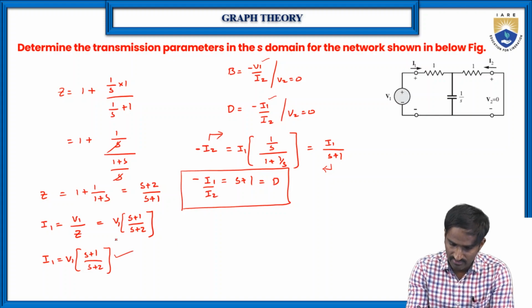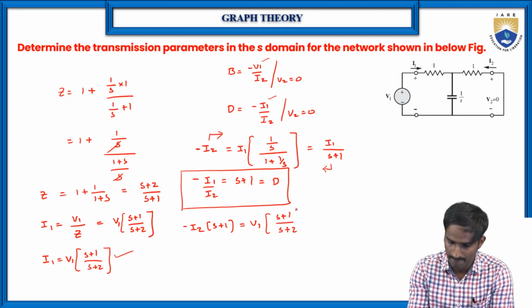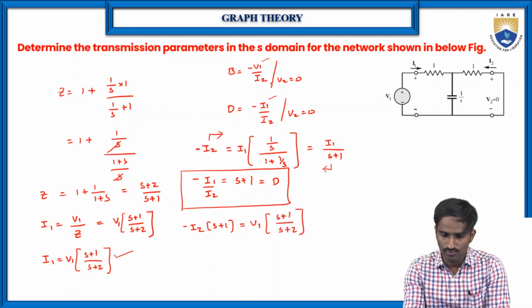So here I1 is nothing but minus I2 into S plus 1, which is equal to V1 into S plus 1 by S plus 2, right? So V1 by I2.